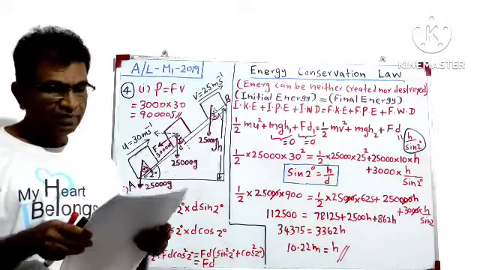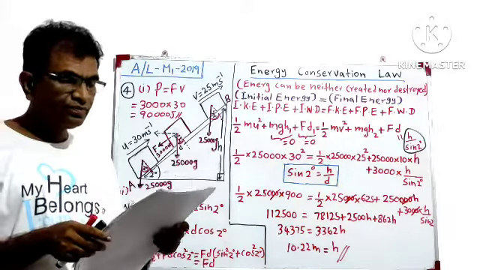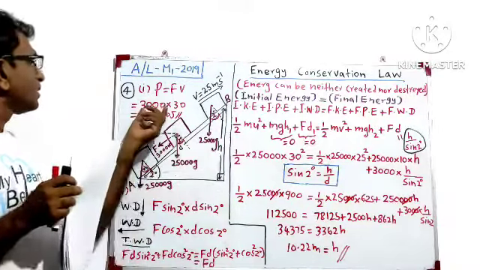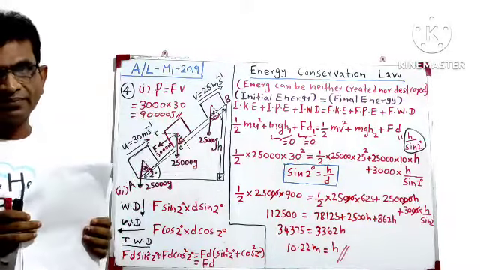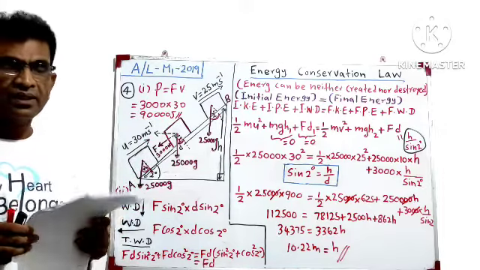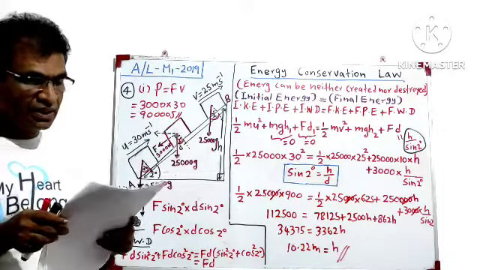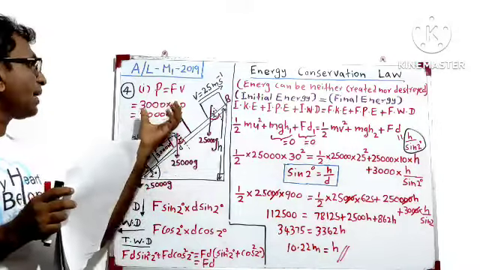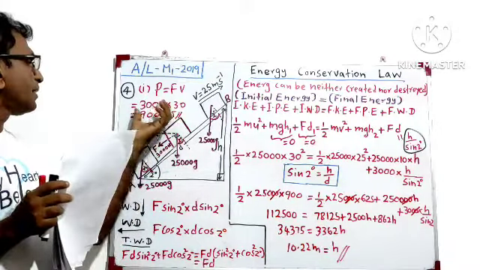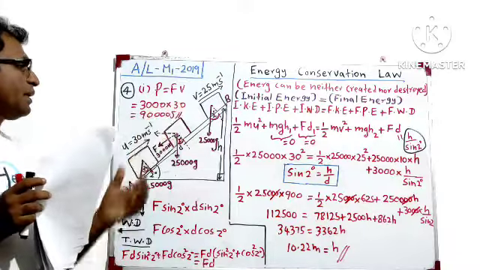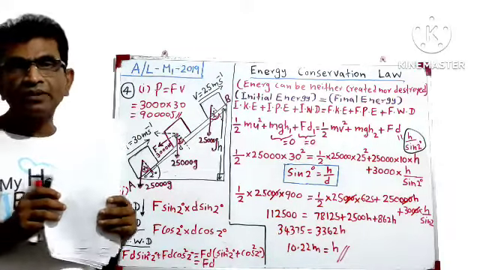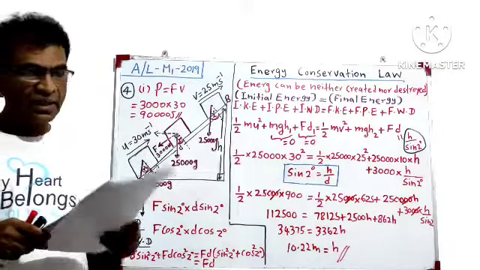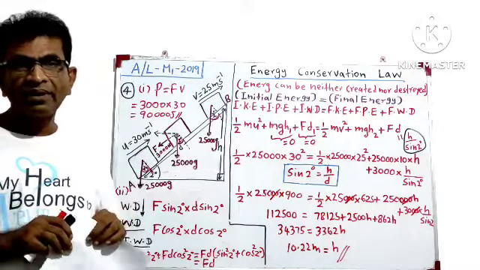Then very easy. Now you know what is the constant force? 3000 Newton. What is the velocity given? 30 meters per second. Then we multiply together: 3000 multiplied by 30, 90,000 joules. Actually power comes in joules. That is the answer for Roman numeral 1.